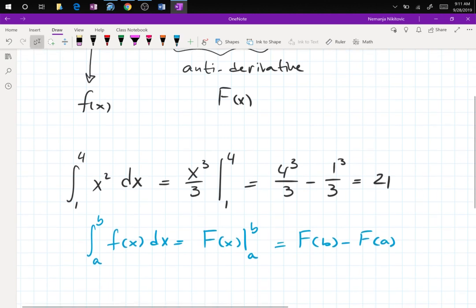And that was the formula that calculates definite integrals to give us the value at the end. So we have indefinite integrals, those have plus c, and then we have definite integrals whose value is a number, like we had 21.